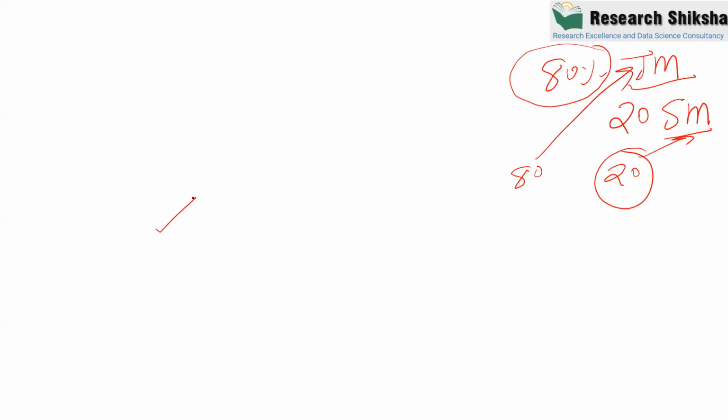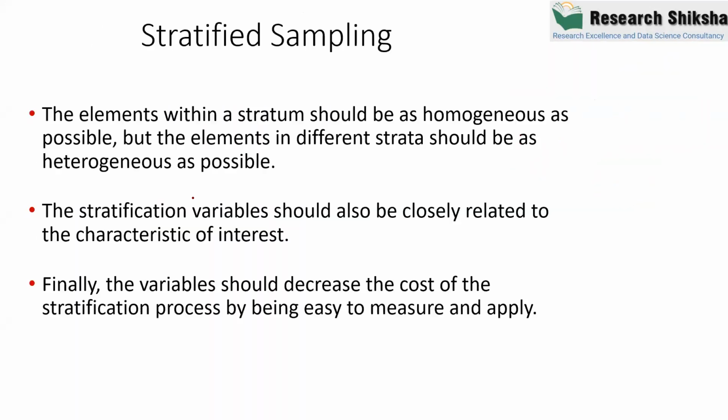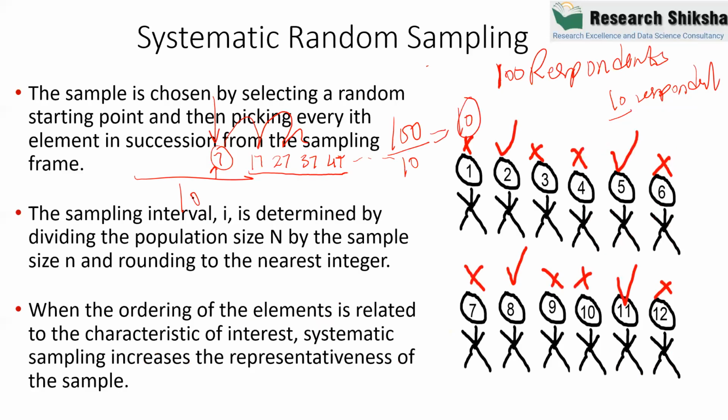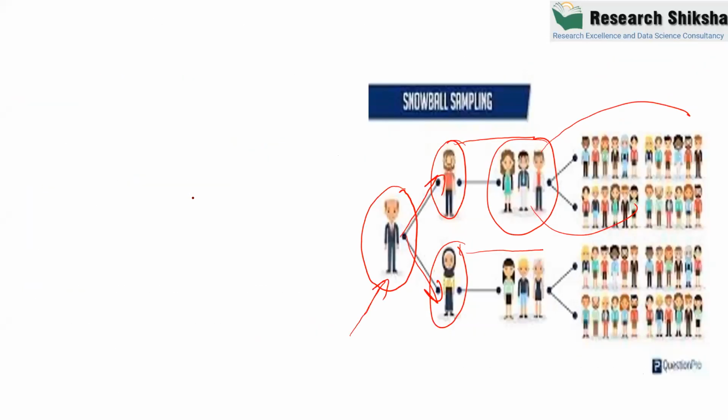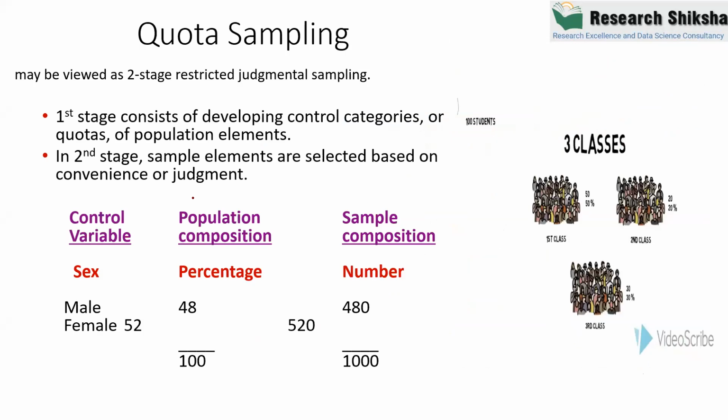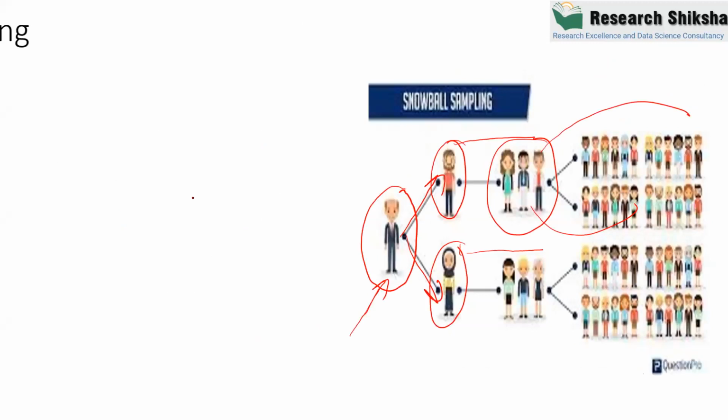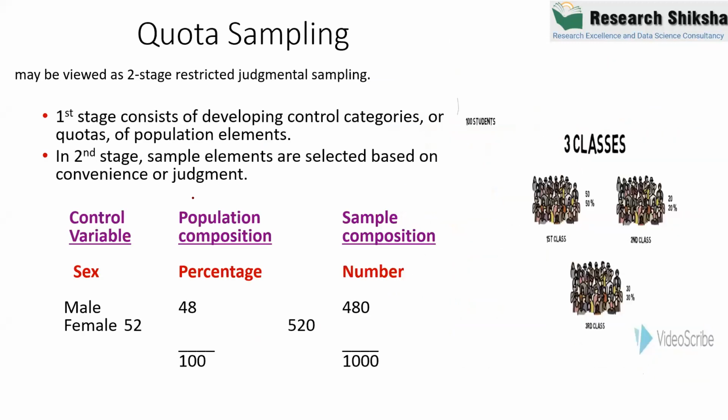But if you ask me, in practical, most of the time we go for judgmental sampling or snowball sampling, because practically they are giving you a lack of biasness and the chances of getting good data.